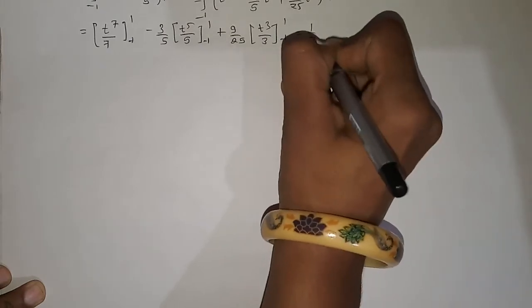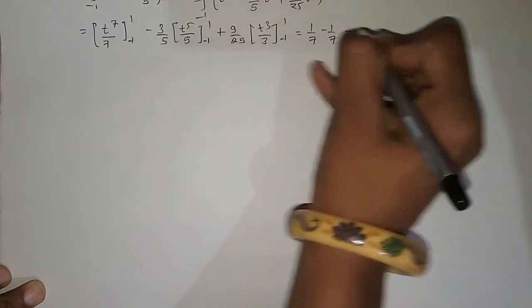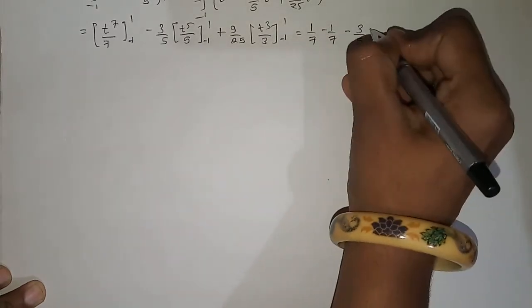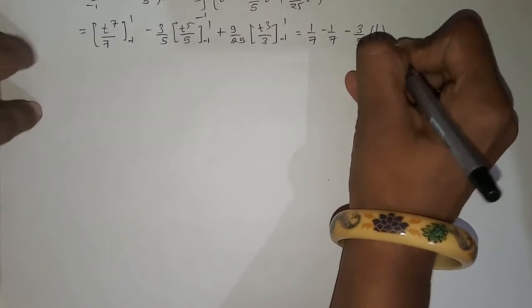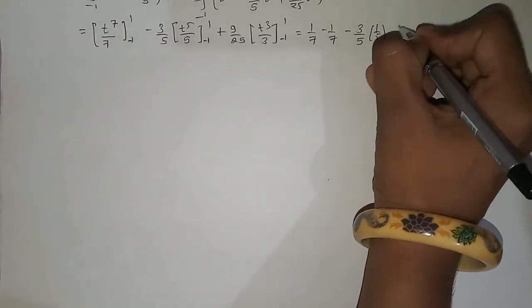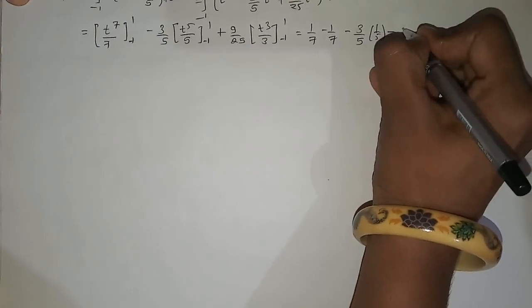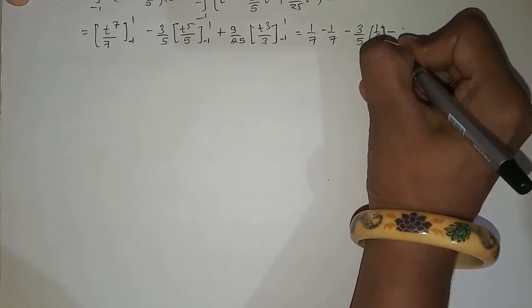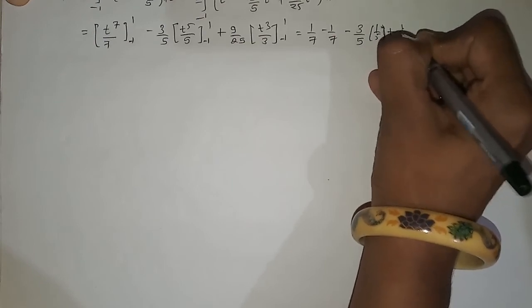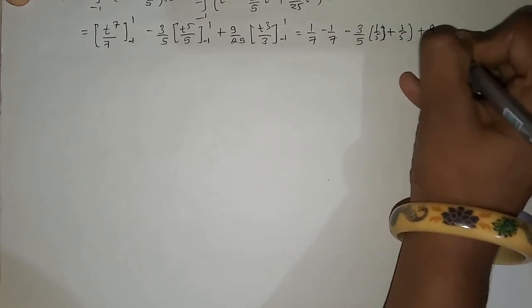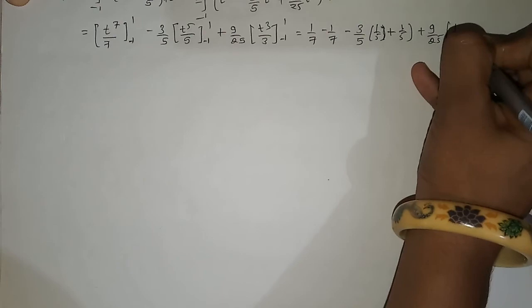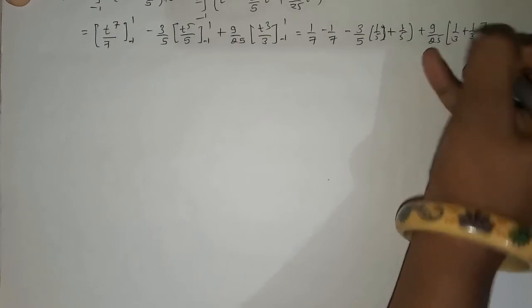So 1 by 7 minus 1 by 7 minus 3 by 5 into 1 by 5 minus minus, plus, then again minus, or simply we can write 1 by 5 minus minus plus 1 by 5 plus 9 upon 25 into 1 by 3 plus 1 by 3.